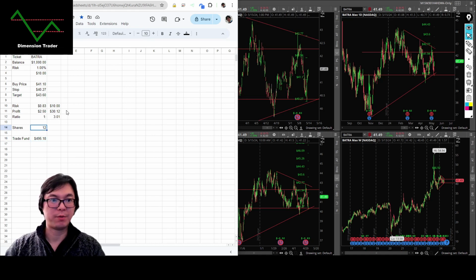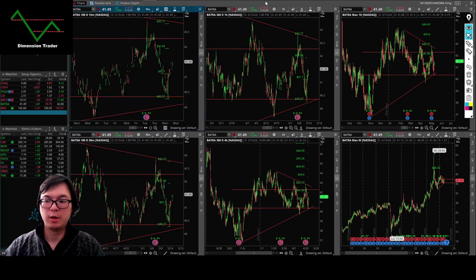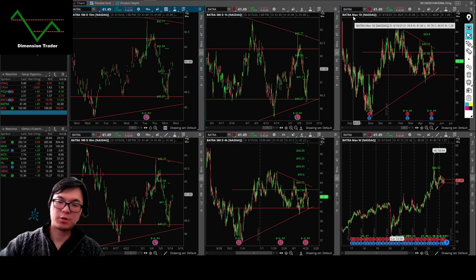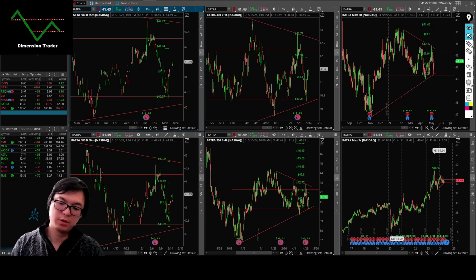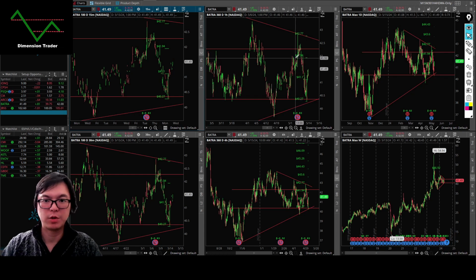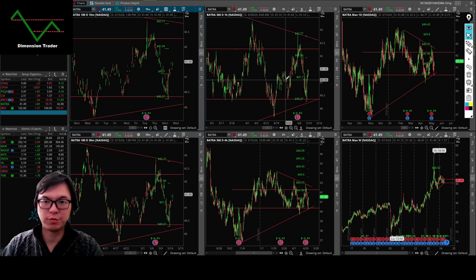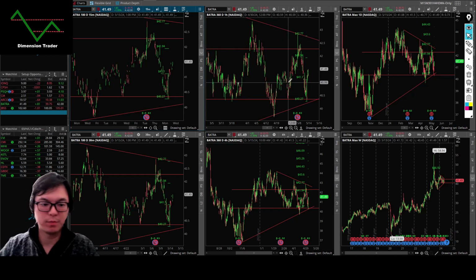If we put a stop right here, 83 cents, profit $2.50, then 12 shares, and this is what we are going to hold on the fund. That is how we come up with the calculation on your risk. So at this point, make your own sheet, and if you have any questions, always submit them and ask for details on how we come up with those calculations.